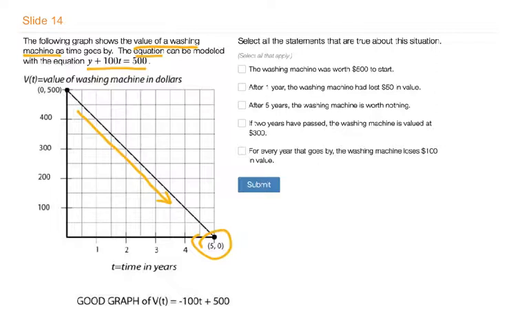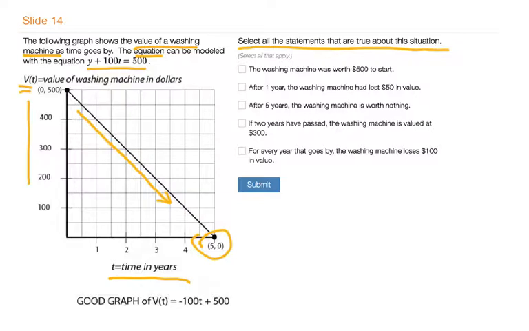So let's note some other things: t is on the x-axis, so t is equal to the time in years, and the value, v, is on the y-axis. So that's the value of my washing machine in dollars. So let's see what it's asking us to do. Select all the statements that are true about this situation.